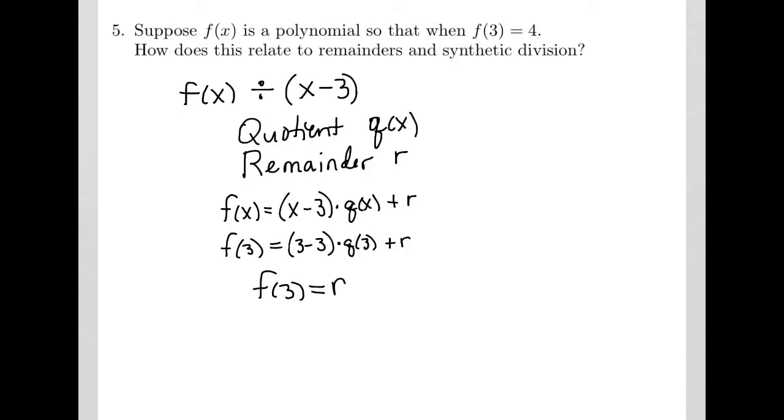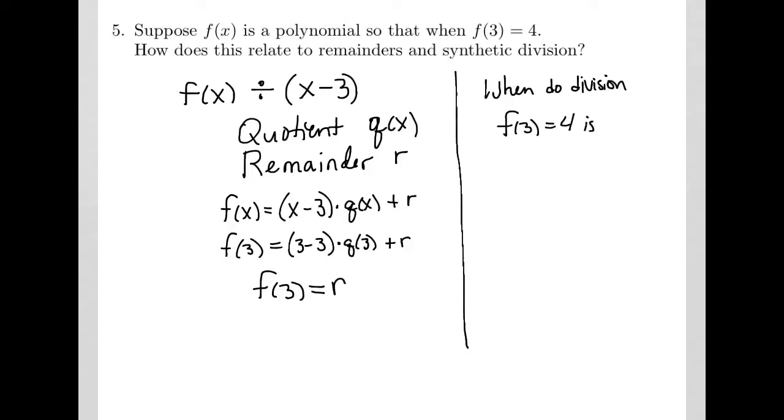And so the concept that this question is wanting to make sure you understand is that when you do division, the remainder is the value of the function. And so this is all you're expected to understand in the answer to that question.